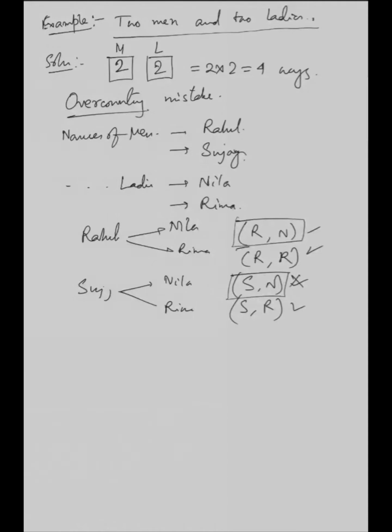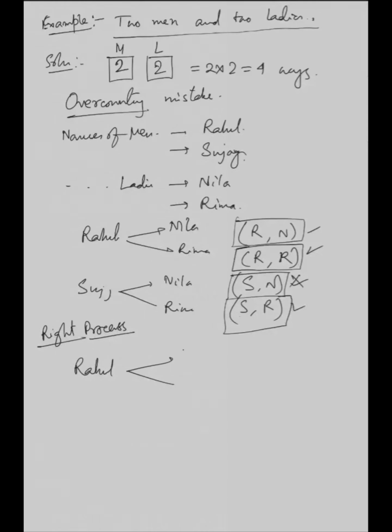If Rahul is married to Rima, then Sujoy cannot marry Rima, so that possibility won't come. So there is some overcounting there. So what should be the right way of counting here? Suppose we take Rahul. Rahul can marry in two ways. This is the right process of selection.